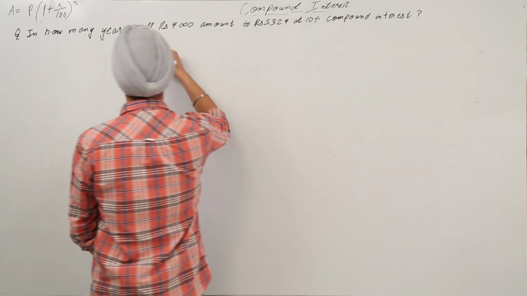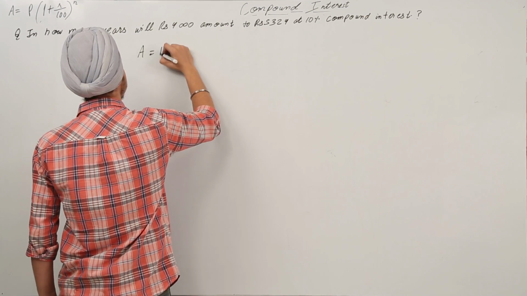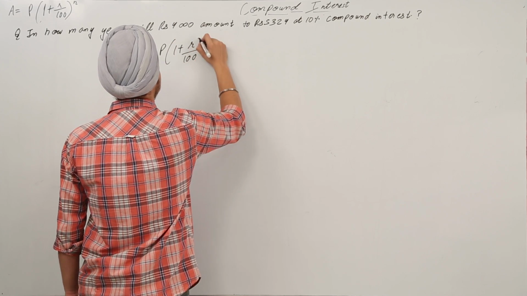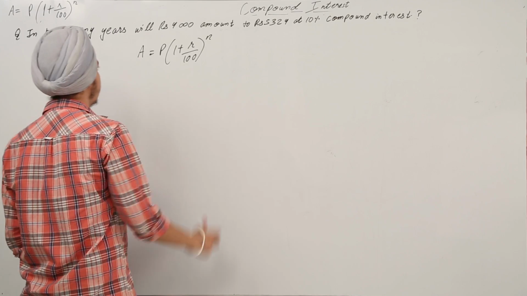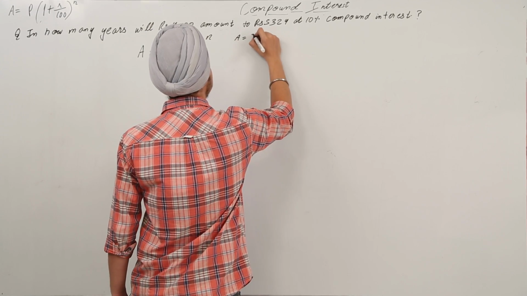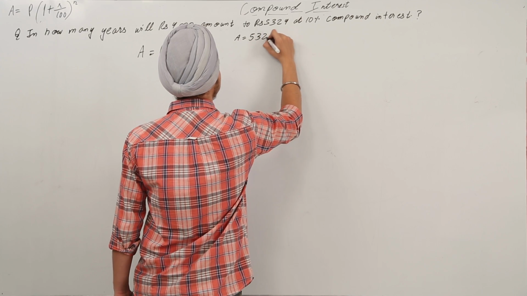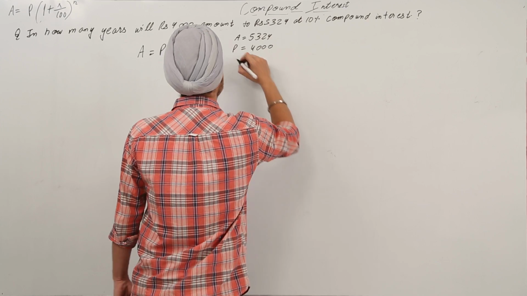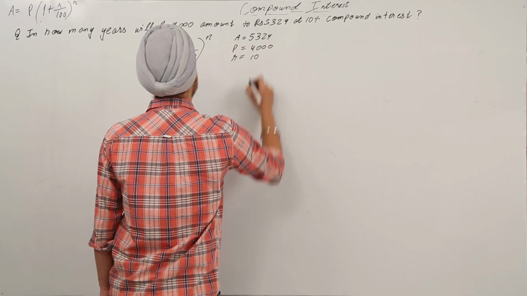So we have A equal to P into (1 plus R by 100) raised to power n. So we have A equal to 5324, P equal to 4000, R equal to 10.